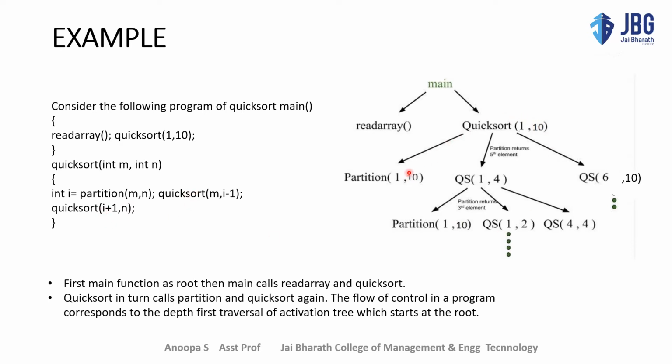That is why I have given partition(1, 10), then quicksort(m, i minus 1), so 1 to 4, I have taken 5 as the pivot value, then 6 to 10. And this procedure will continue. So first the main function is the root, then main calls read array and quicksort. Quicksort in turn calls partition and quicksort again.